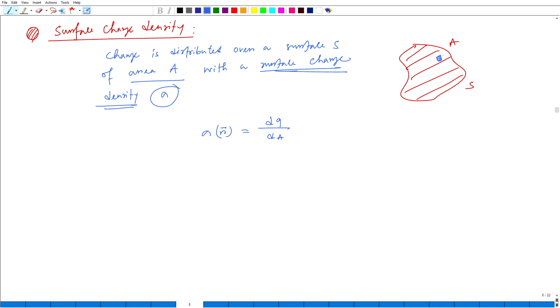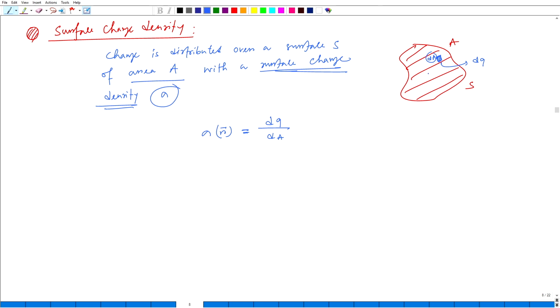The area of this strip is dA, basically a small element. In this case it is a 2D element, the area of this element is dA and the charge is dq. And sigma is a function of r, because it depends on where we consider this strip.